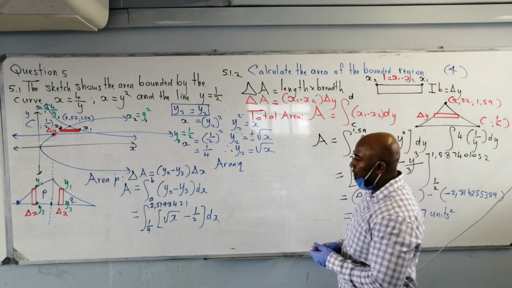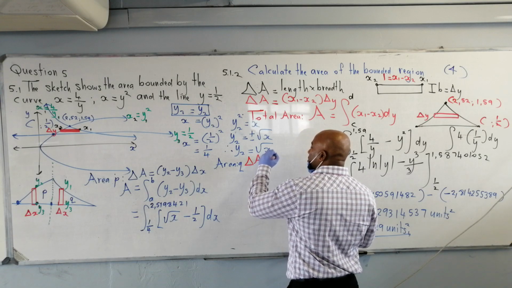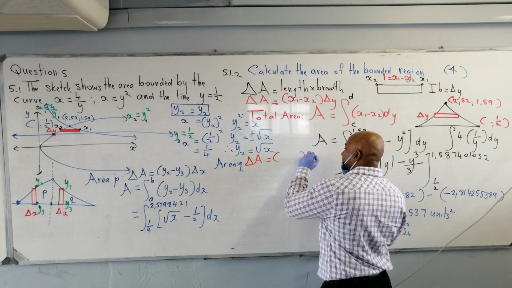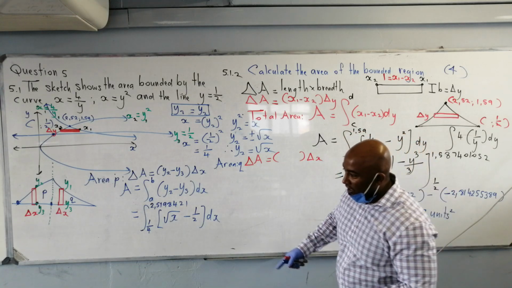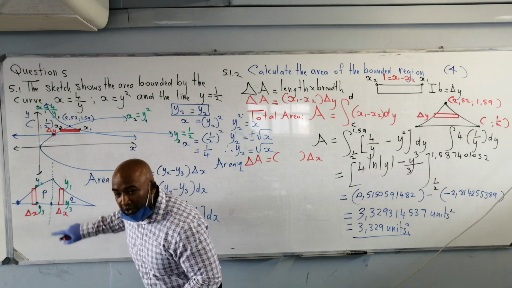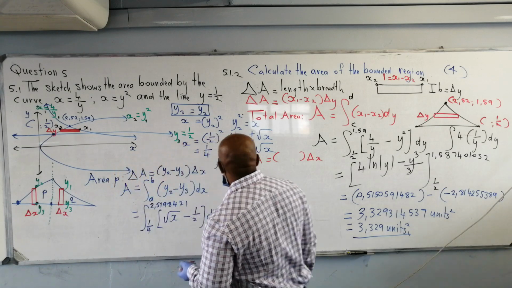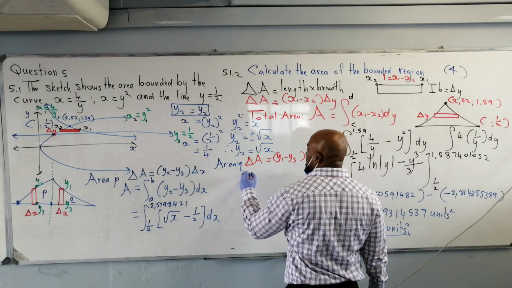For area Q, delta A is equal to length times breadth. You know your breadth is delta x. What is the length for area Q? This area here, top is y1, bottom is y3. So that's going to be y1 minus y3.